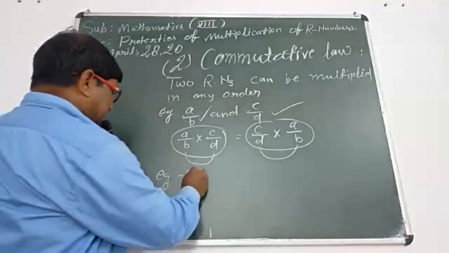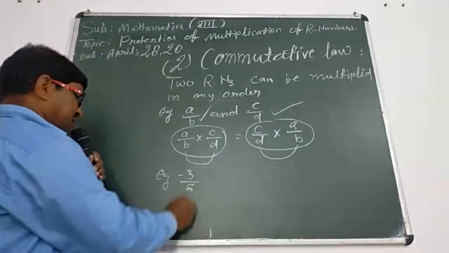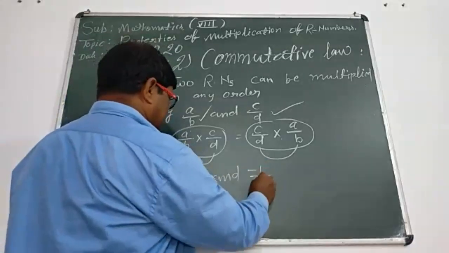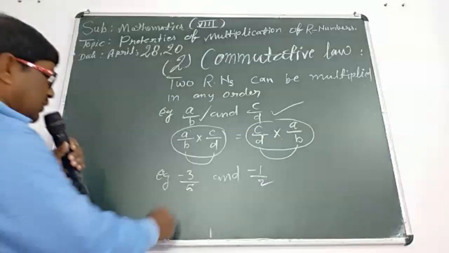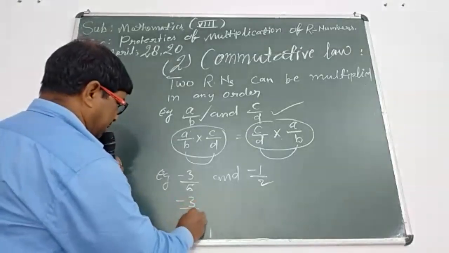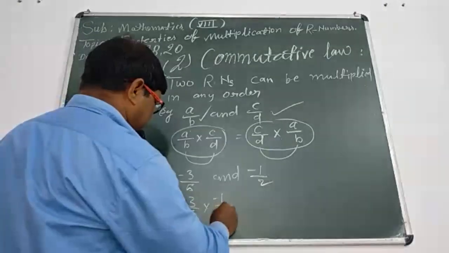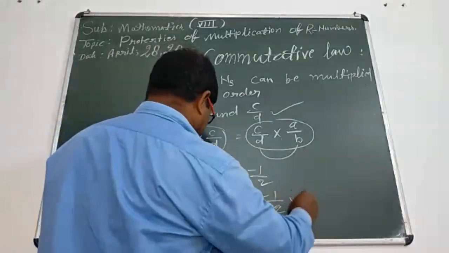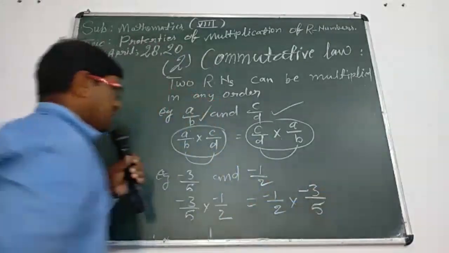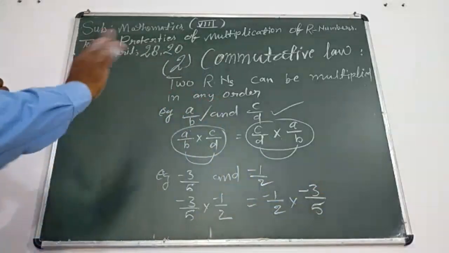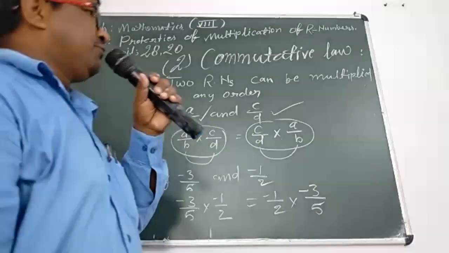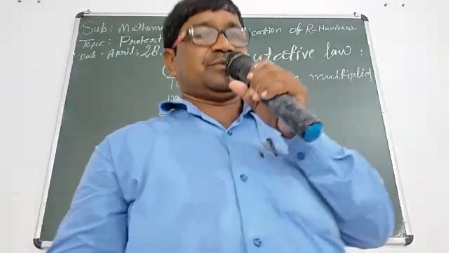Minus 3 upon 5 is one rational and another rational is minus 1 upon 2. Now you can write minus 3 upon 5 multiplied by minus 1 upon 2 equal to minus 1 upon 2 multiplied by minus 3 upon 5. That type of property is called the commutative property, commutative law of multiplication.